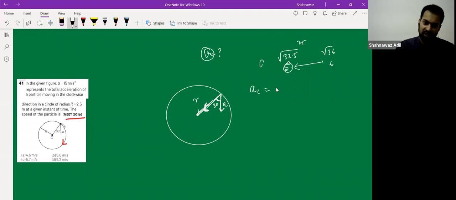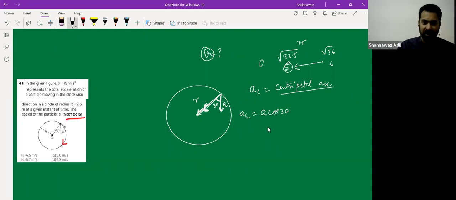Yes. So we can find it from this part, and a cos 30 is your centripetal acceleration.